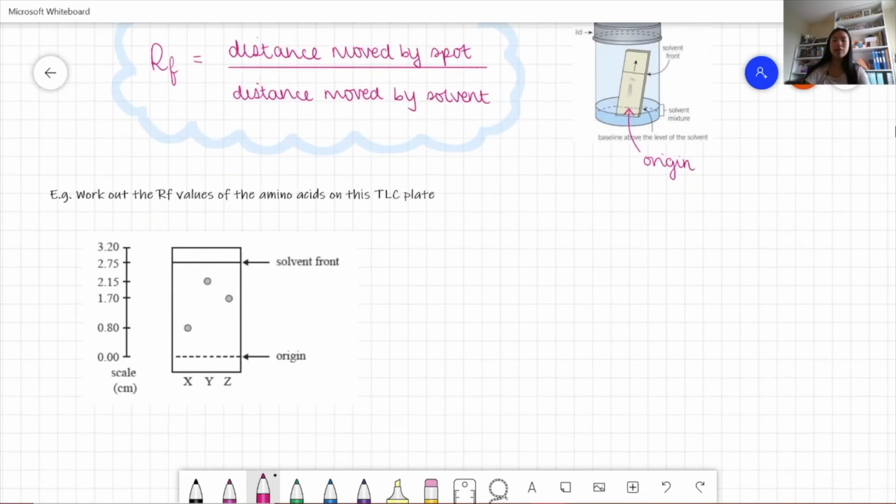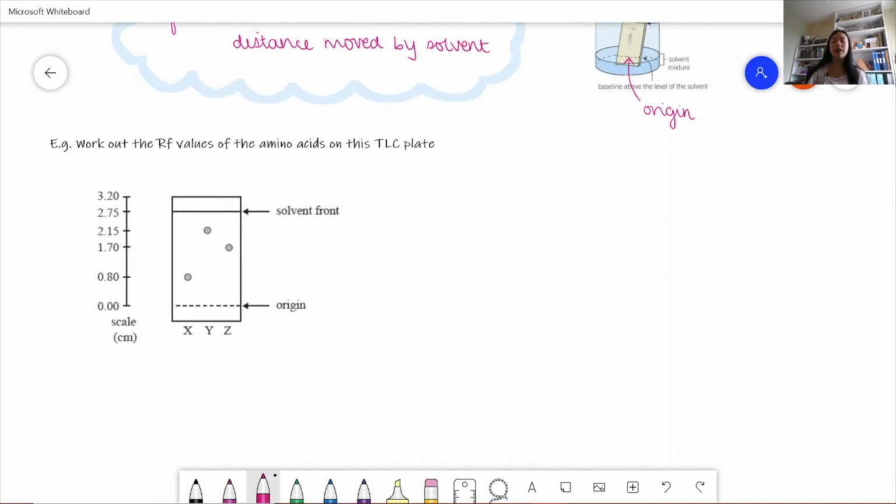So in this example, we're told to work out the RF values of amino acids on this TLC plate. So for X, the RF value is equal to the distance moved by the spot over the distance moved by the solvent. So the distance moved by the spot is from the origin to the central bit of the spot. So we have that central bit of the spot is at this 0.80 centimeters.